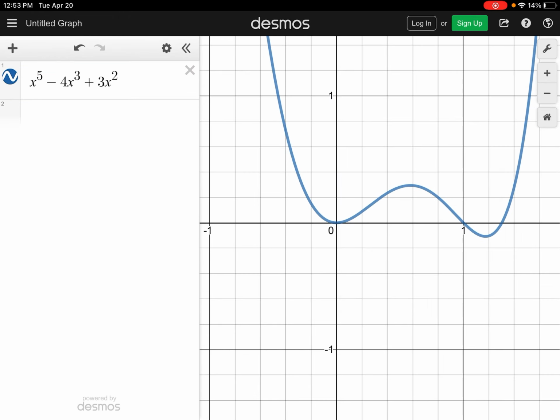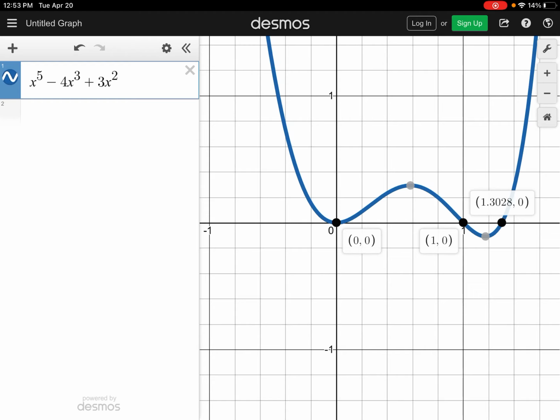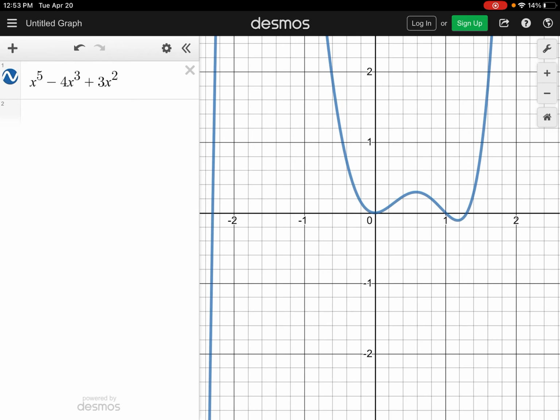Looking at our x-intercepts, we have a double solution at 0, another single at 1, and a single at 1.3. So 2 at 0, 3, 4. So there are 4 total real solutions.